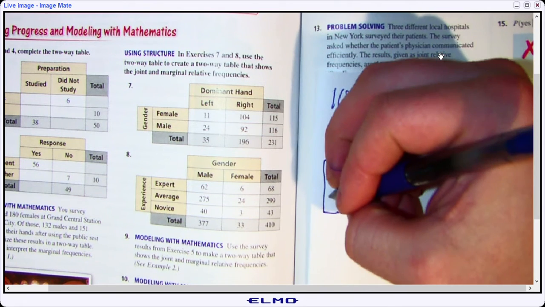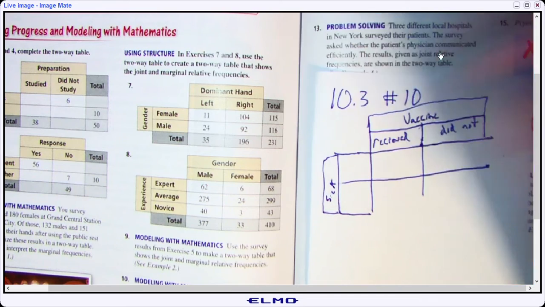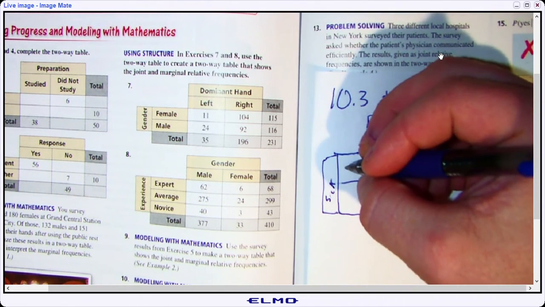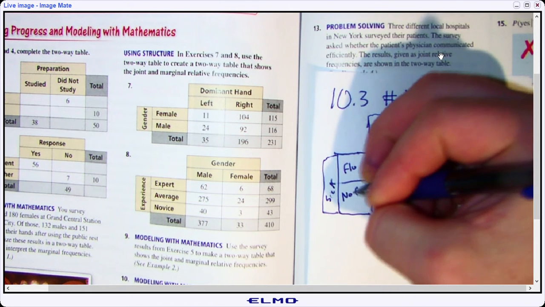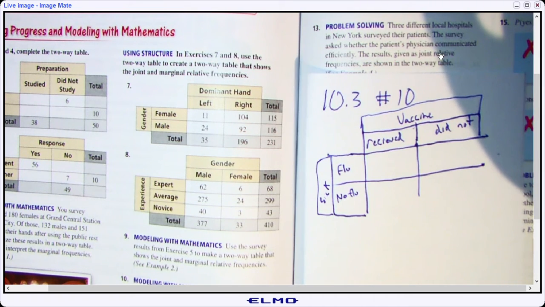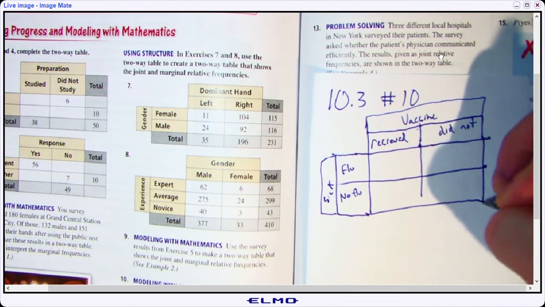So I'll call this sick or flu, right? Sick, getting the flu, same thing. So this is flu, no flu. Right? You either got the flu or you did not. All right. Cool. So we built a table.